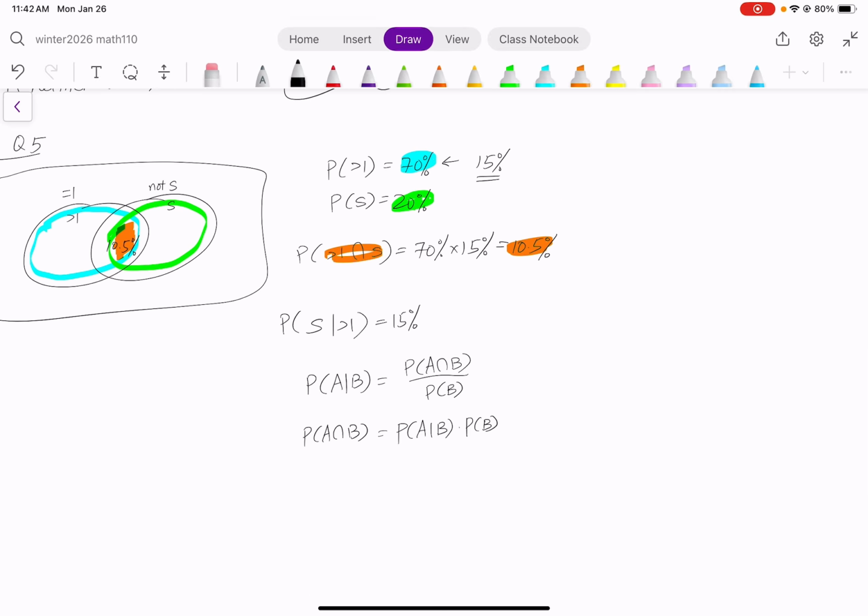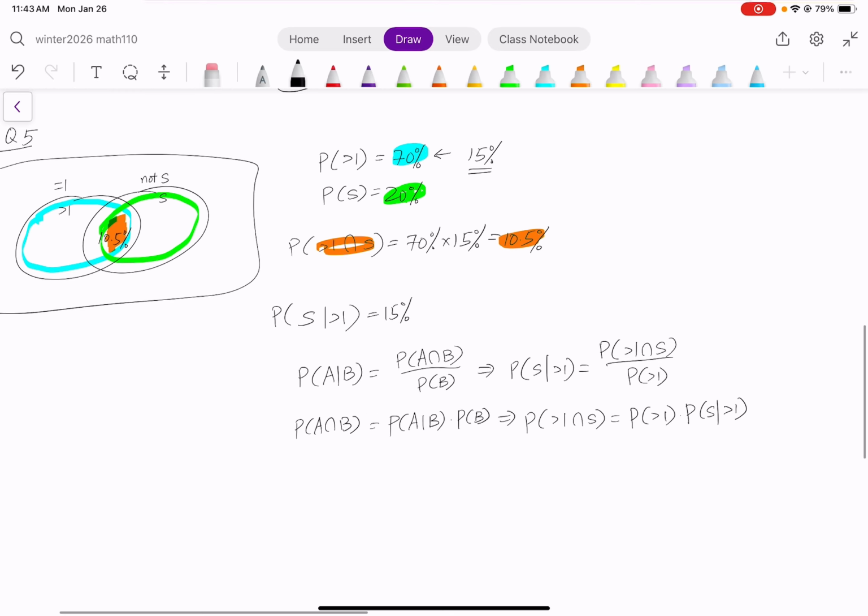The probability of a sports car, given that it has more than one car, is equal to the probability of more than one car and also a sports car, divided by the probability of all those people who have more than one car. Then I can transform this into the probability of greater than one car and a sports car equal to the probability of greater than one car multiplied by the probability of a sports car given greater than one car.